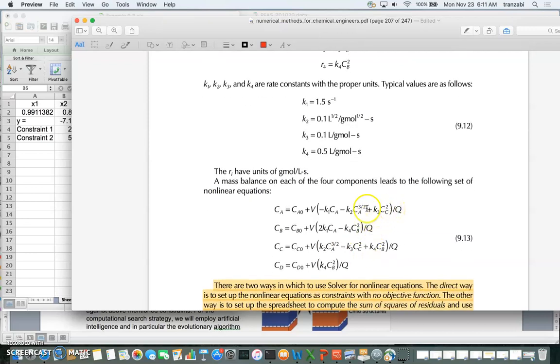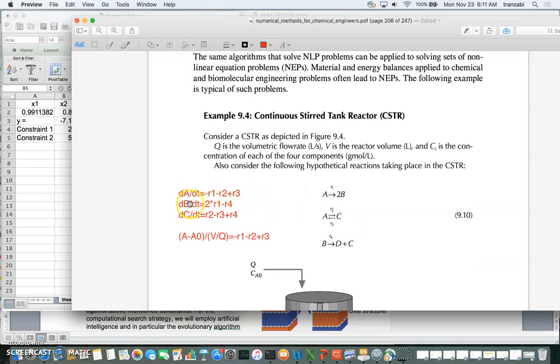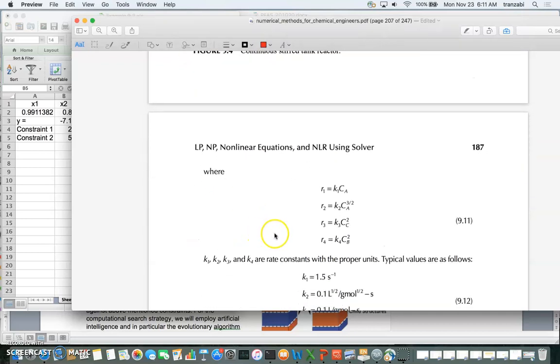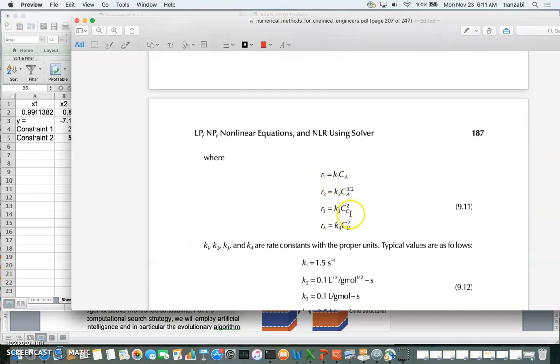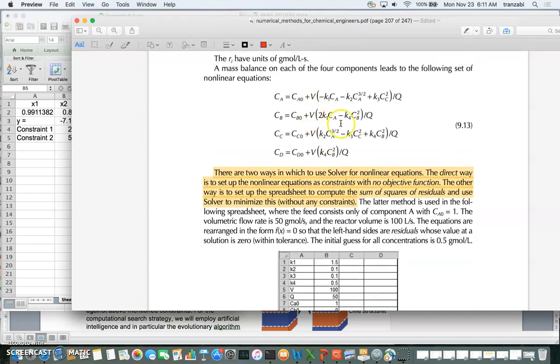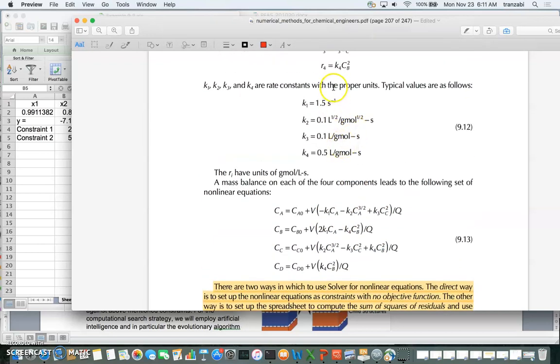You can go ahead with the same approach and convert the second one to finite difference. It's going to be 2R1 minus R4. On the right side, 2R1 is going to be 2K1CA, so here's 2K1CA minus R4, which is K4CB squared.